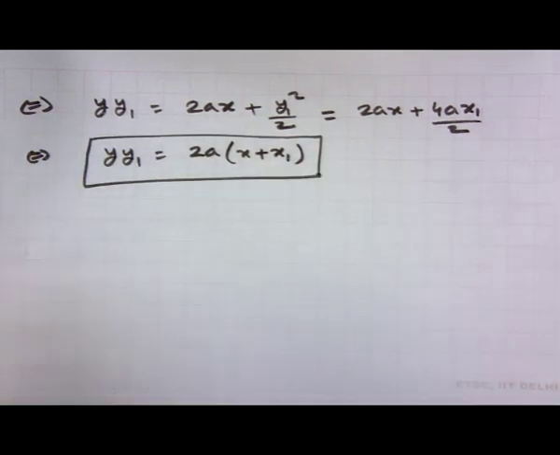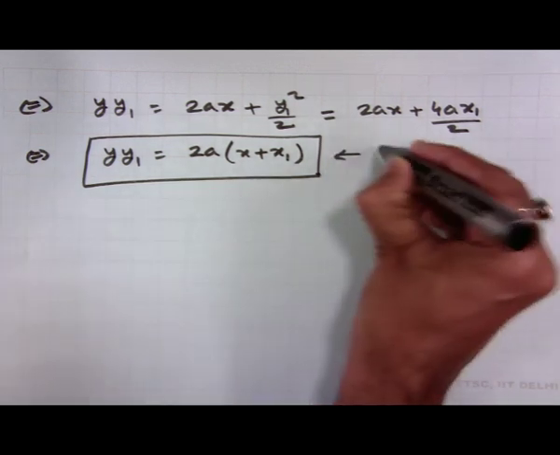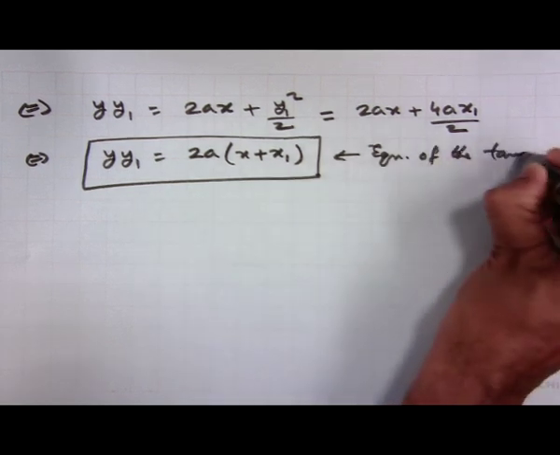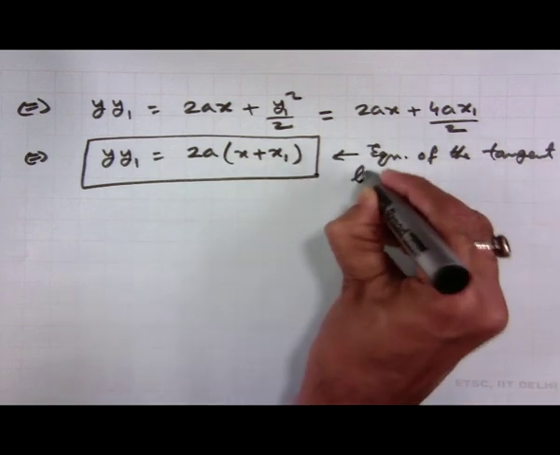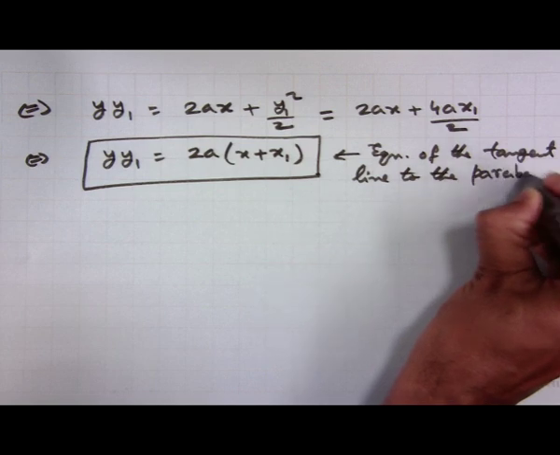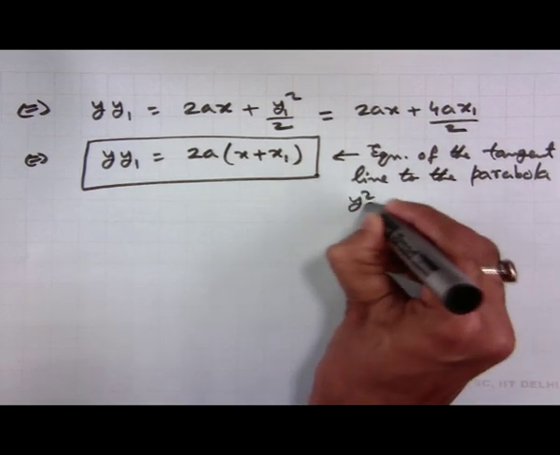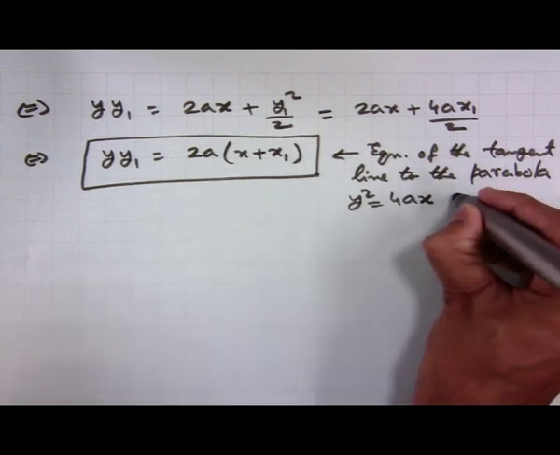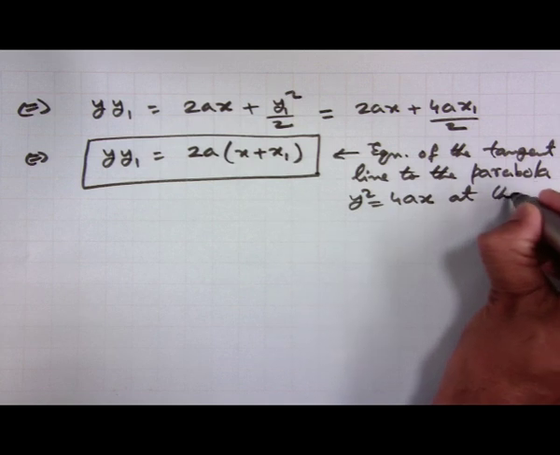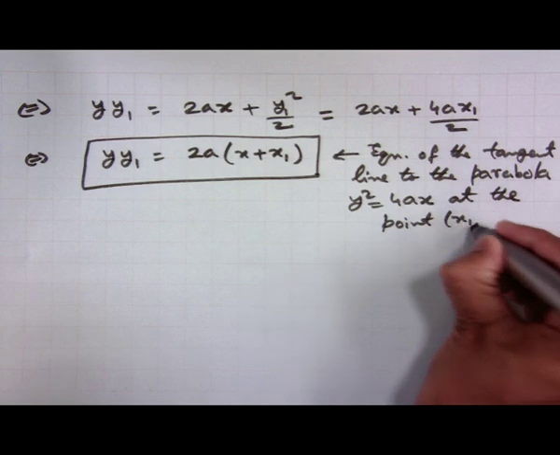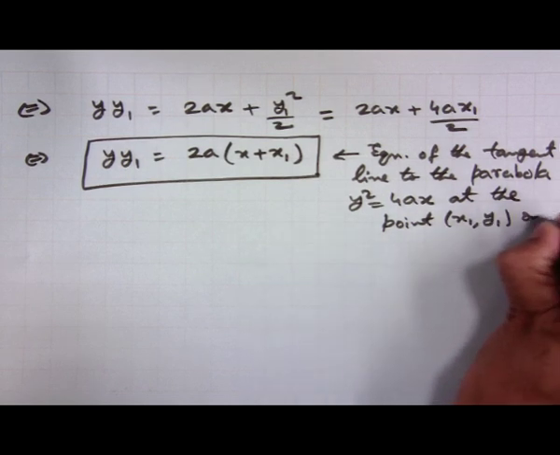So, this is the equation of the tangent line at the point x 1 y 1. This is the equation of the tangent line to the parabola y square equal to 4 a x at the point x 1 y 1 on the parabola.